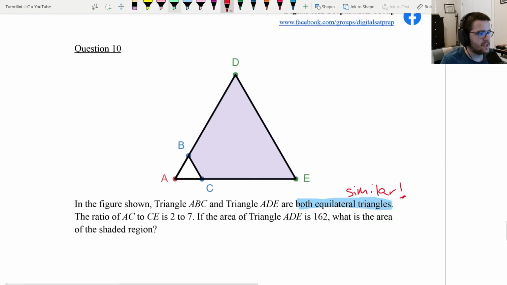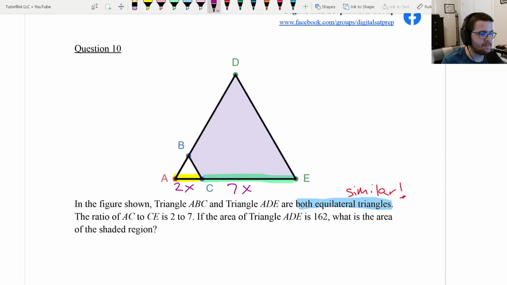Now, this next thing, the ratio of AC to CE, that's this part, is 2 to 7. A really convenient thing you can do is just put x. So why don't we call this 2x? It doesn't matter anyway, and 7x.